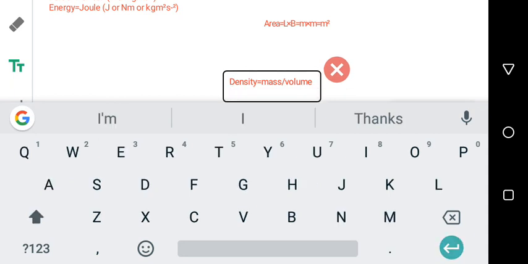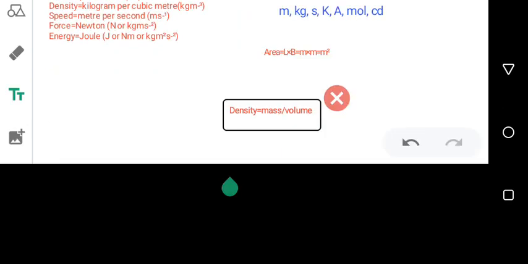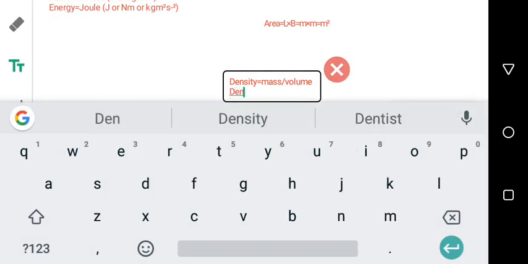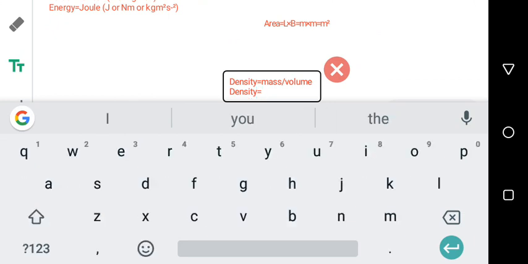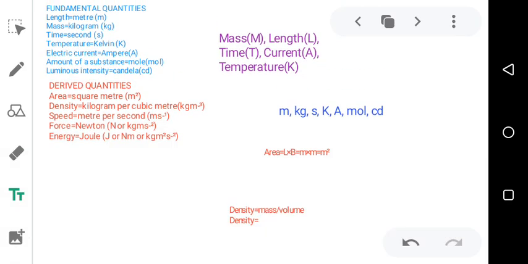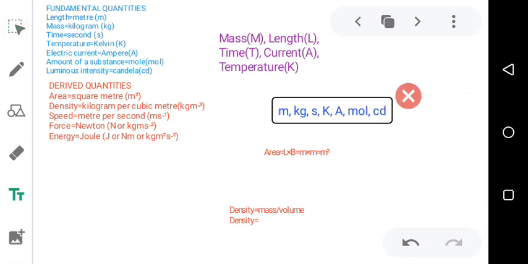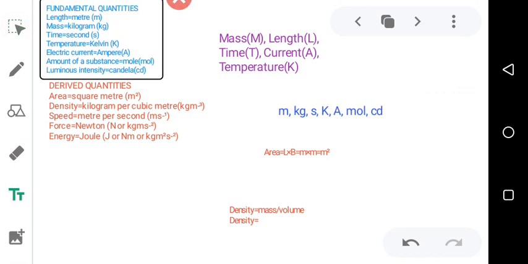Now, you notice that volume is also a what? A derived quantity. So we have to look for volume first before we calculate density, since the unit of volume is not included in these fundamental quantities.